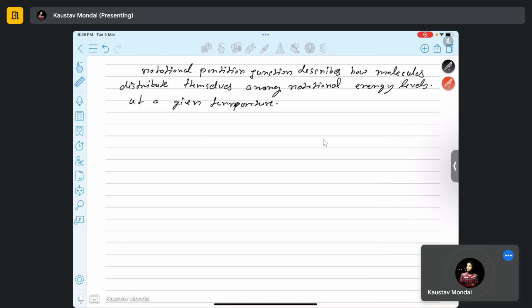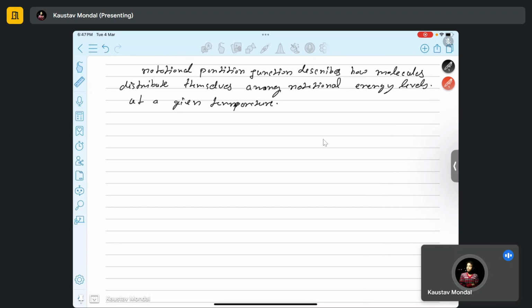Now let's suppose a rigid diatomic molecule. You all know that for a rigid diatomic molecule, there are different energy states.